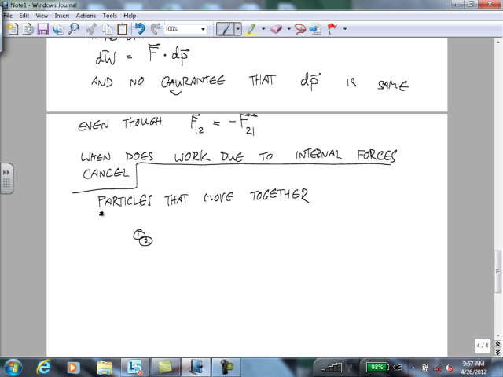Draw a free body diagram, particle 1. And there's a force vector, F12, whatever direction that force is. Your free body diagram of particle 2 has an F21, which is equal to negative F12.